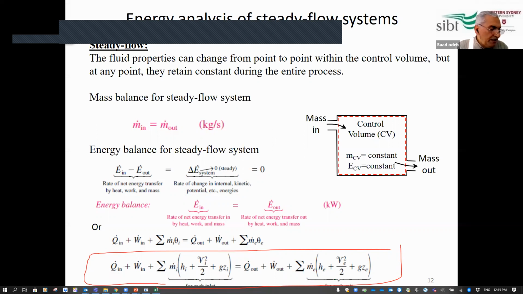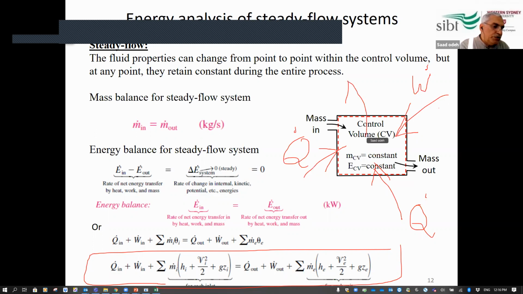All right, and this is the general equation. If you have more than one input heat, you can add it to the same equation. If you have more than one exit heat, same thing. If you have more than one exit work, you do the same thing. So all the Q values and all the W values, you have to add them in your equation, whether it's input or exit.